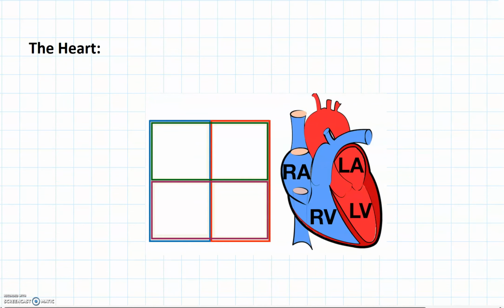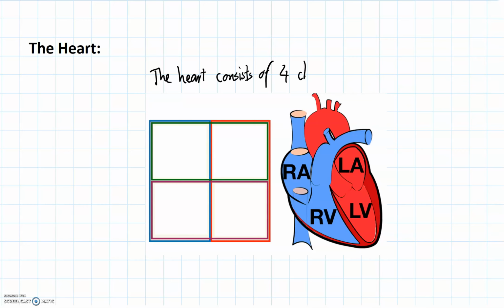Firstly, the easiest way to remember the parts of a heart is it's made up of 4 chambers. And we can basically think of them as boxes in this diagram here. So the heart consists of 4 chambers, and a box diagram is a really easy way to remember them all.